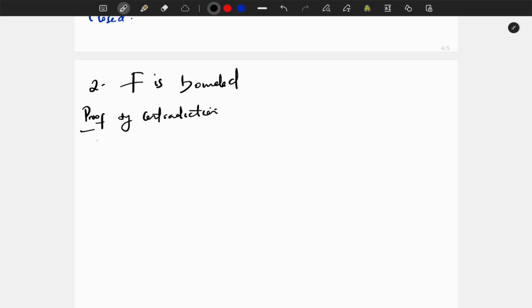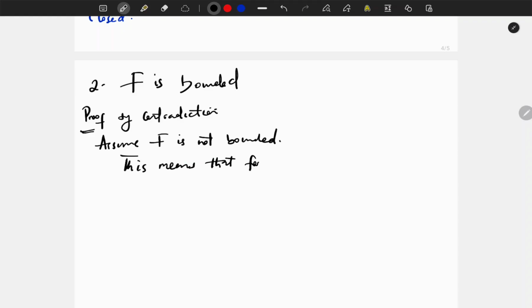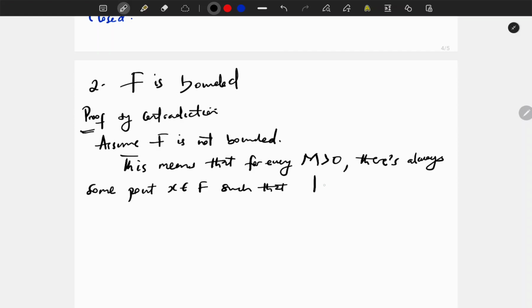So assume f is not bounded. This means that for every m greater than 0, there is always some point x that belongs to f such that |x| is greater than m.